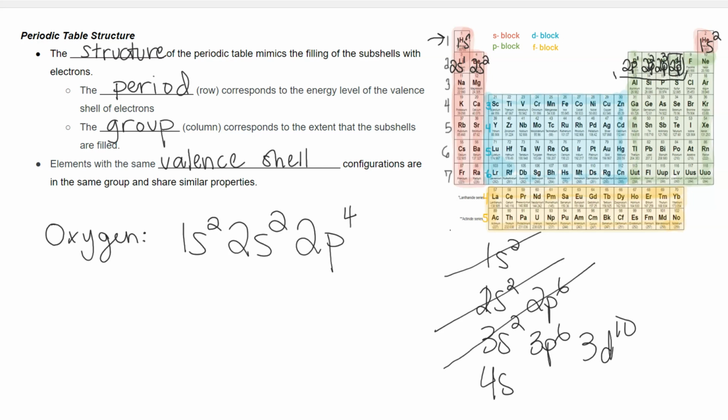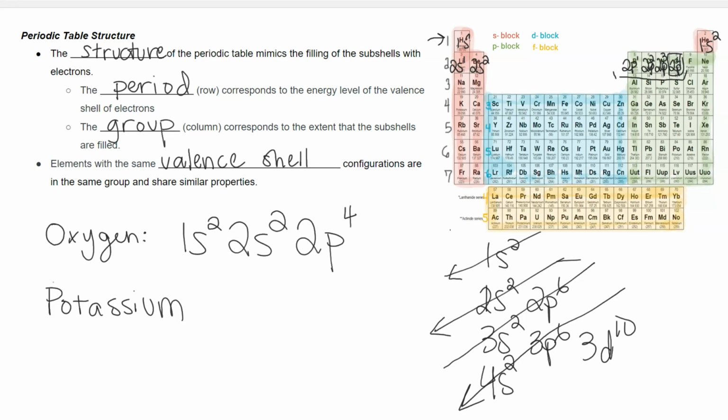I'm just going to draw a little bit of the chart, because we don't need the whole thing. So we wrote 1s2, and then we did 2s2, and then we went over into the 2p orbital. So for our electron configuration, we're following this chart exactly just by reading the periodic table from left to right. Does anybody have questions on that?